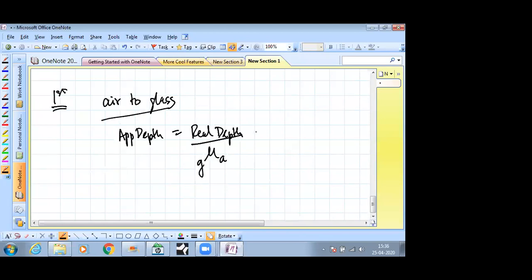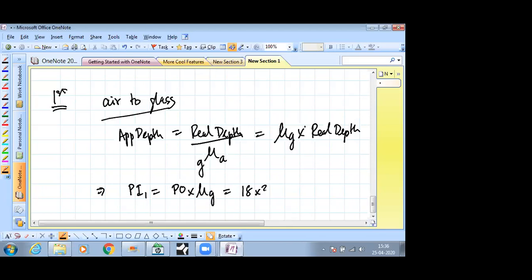So that will actually be the refractive index of glass multiplied by the real depth. So if you go back to the earlier diagram, you will see that PI1 should be equal to PO multiplied by the refractive index of glass. So this should become 18 into 3/2 or 1.5. Okay. So this will become 27.